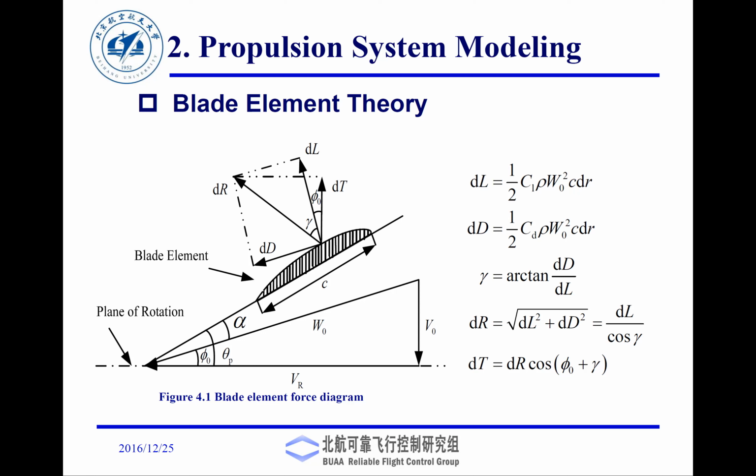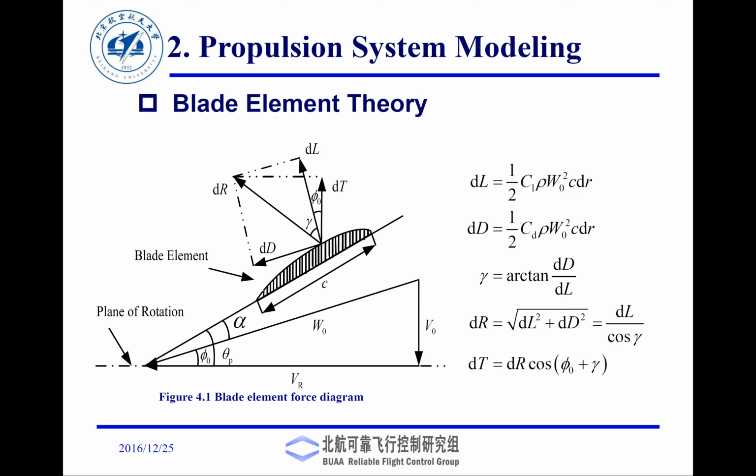There will be some angle gamma, shown over there, and that is nothing but the tan inverse of drag force divided by lift force. If you find the resultant of lift and drag, that is given by dr. So dr is the total force, which is the resultant of the lift force and the drag force.